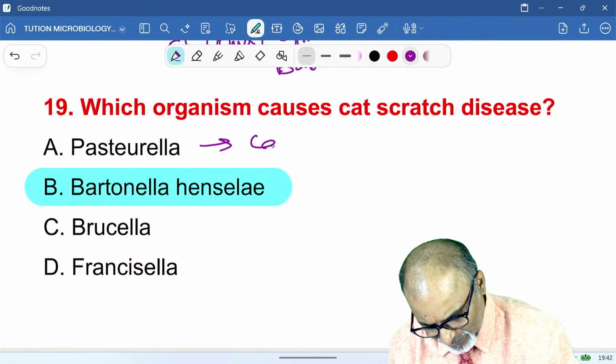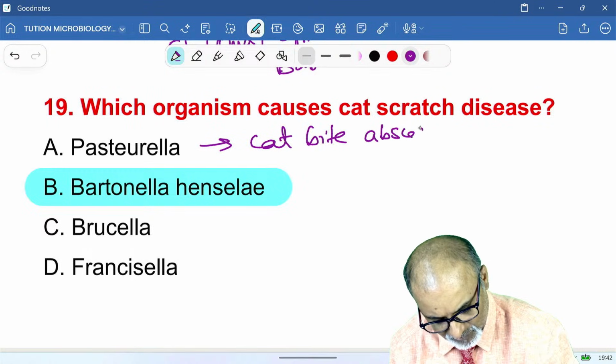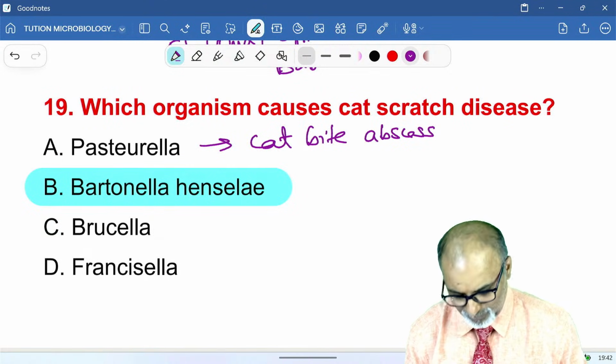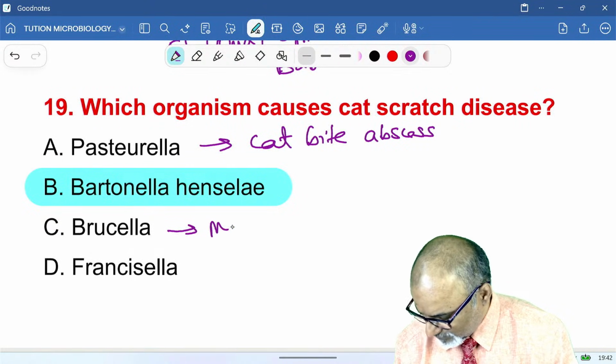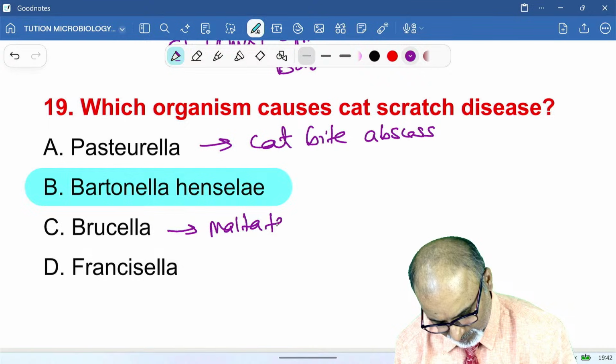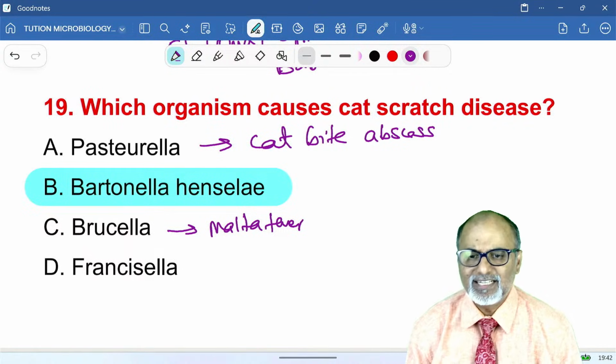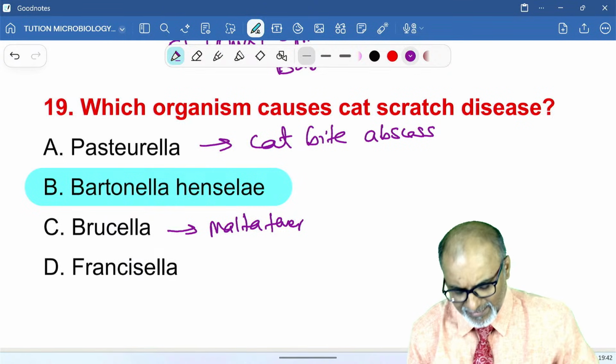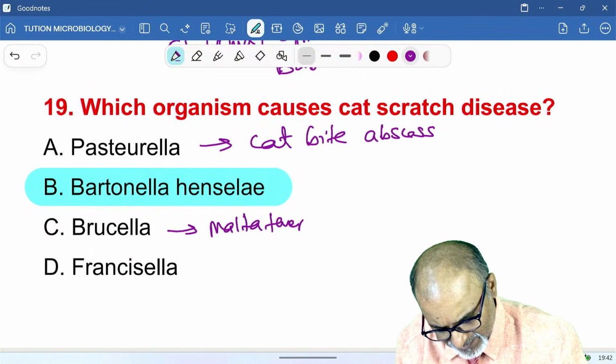Pasteurella produces cat bite abscess. Spirillum minus and Streptobacillus moniliformis cause rat bite fever. Brucella causes Malta fever. Francisella tularensis causes tularemia, rabbit fever. So Bartonella henselae causes cat scratch disease.